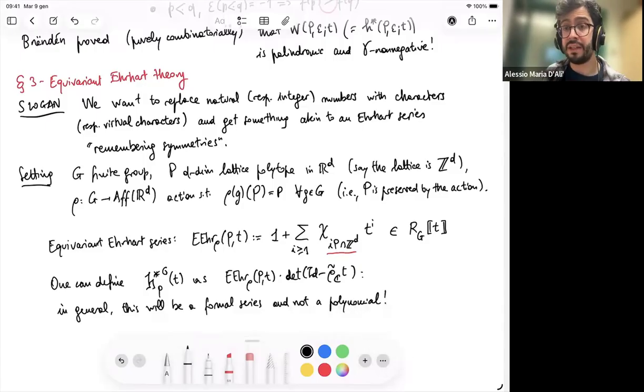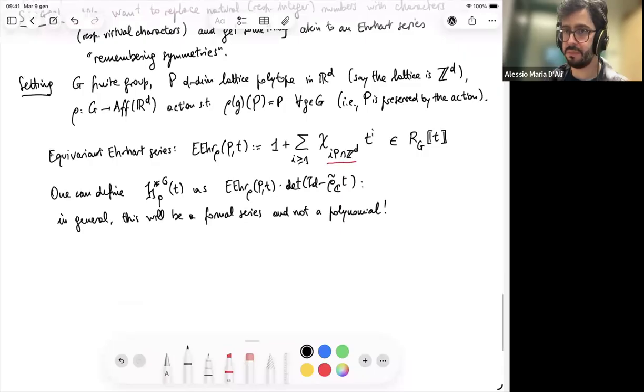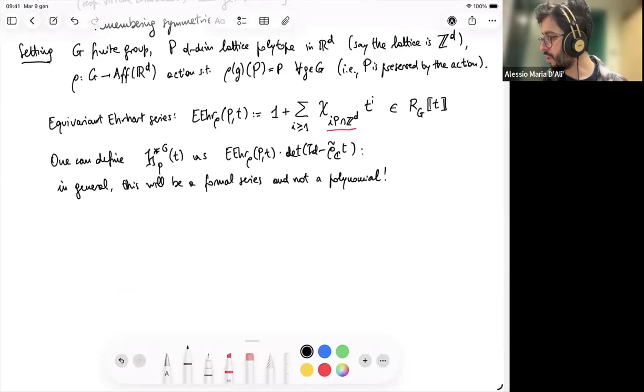And there are still plenty of problems on when you can actually say that this thing is a polynomial, and why, and what is really happening under the hood. This theory goes back to Alan Stapledon, by the way. He had a paper about this in 2011, and lately he's been back to finding out what's going on. So this is the idea.